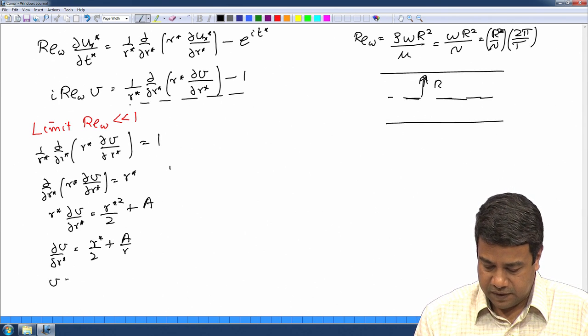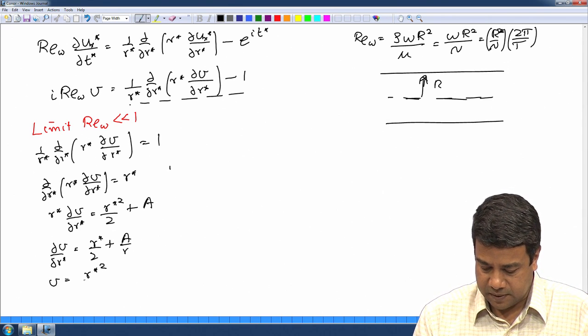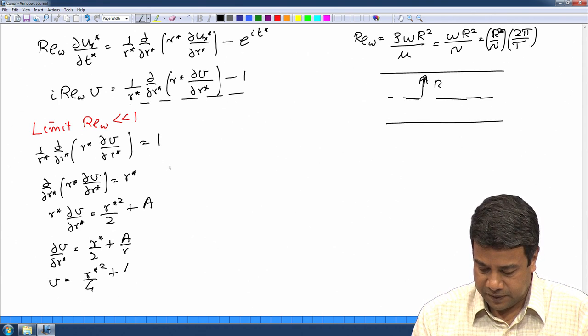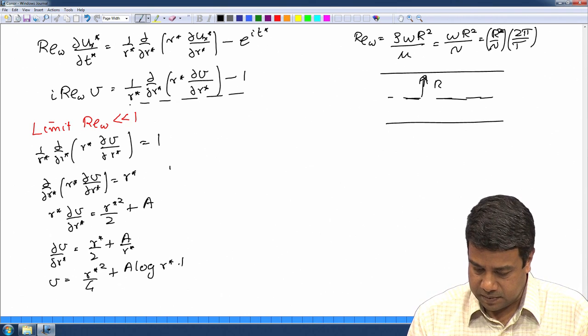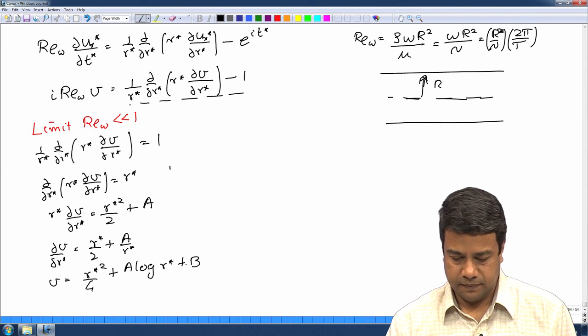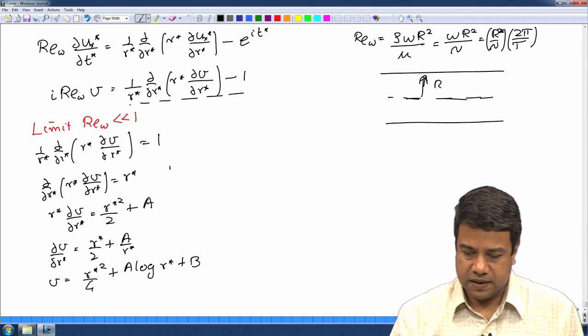Therefore, v is equal to r square by 4 plus a log r plus b. So, that is the solution.